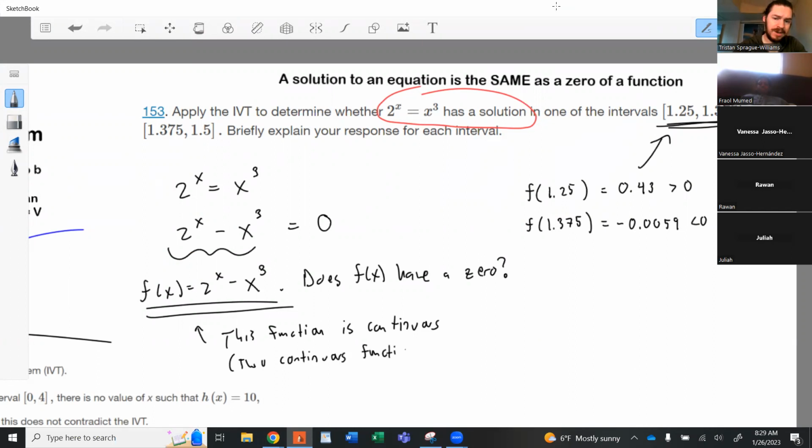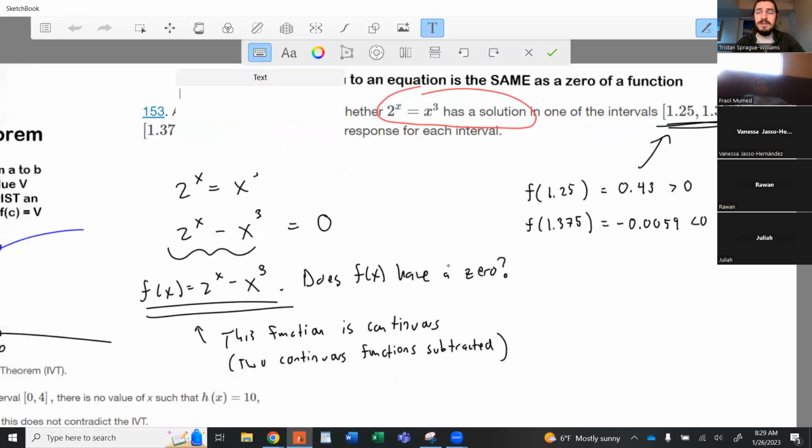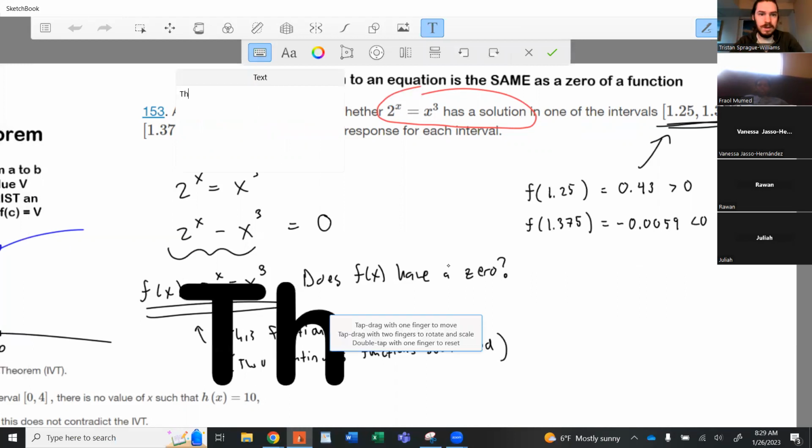And so the result of adding two continuous functions together, or subtracted, doesn't really matter, is still going to be continuous. Because that's continuous and we have it going from positive to negative, we can say the intermediate value theorem guarantees there's going to be an x-intercept or 0 or a solution to the equation on that interval.